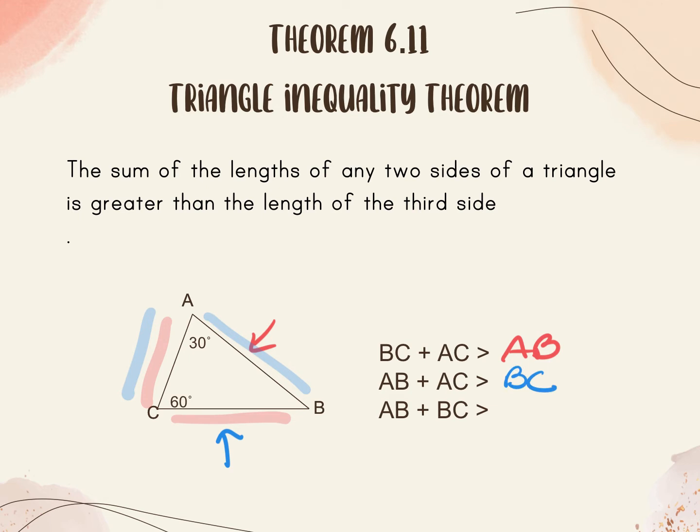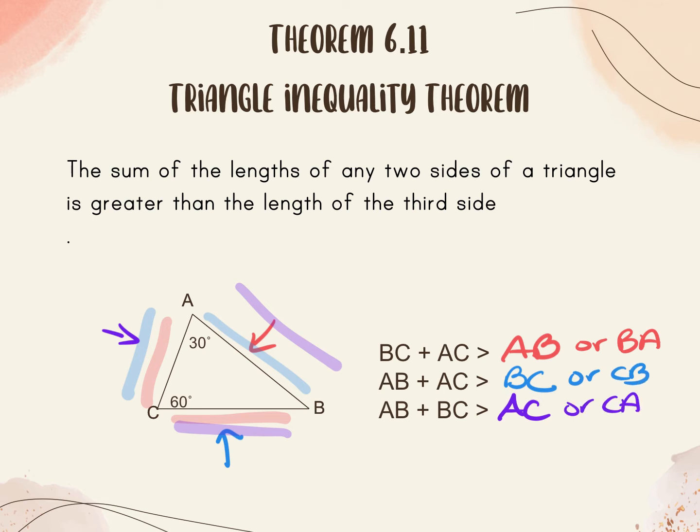And lastly, if you wanted to add AB plus BC, it has to be greater than AC. Now, you could also list these in reverse. You could have also called this BA, or this one CB, or this one CA. The order doesn't matter.